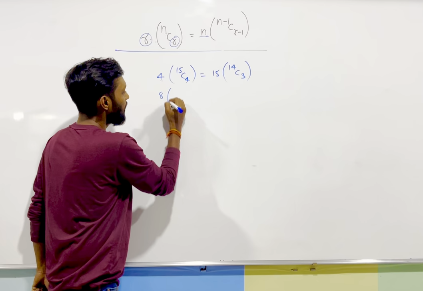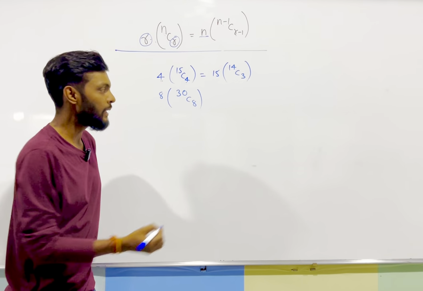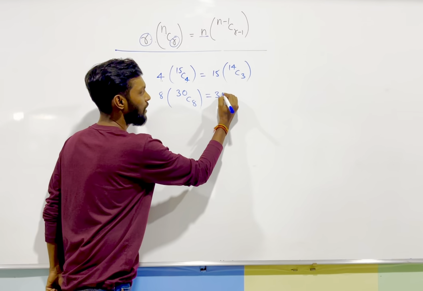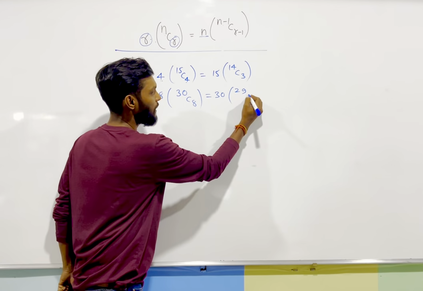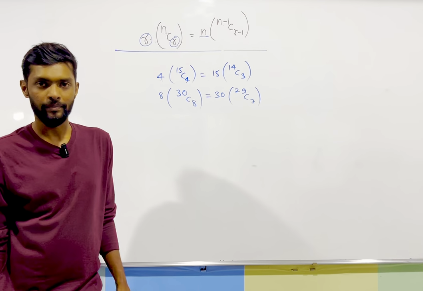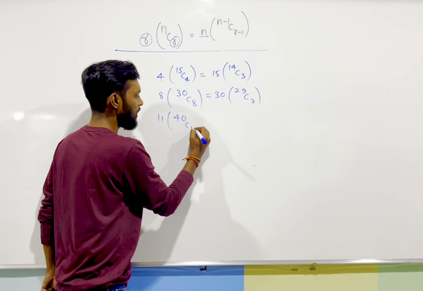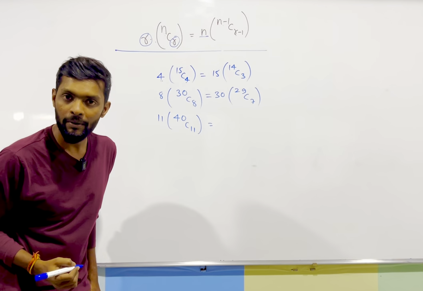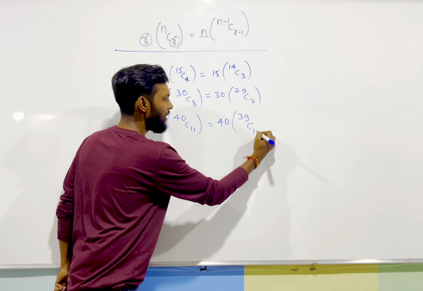Take the other example. 8 into 30C8. The result will be 30 comes down, and 30 becomes 29, 8 becomes 7. One final time. 11 into 40C11. The result will be 40 into 39C10.